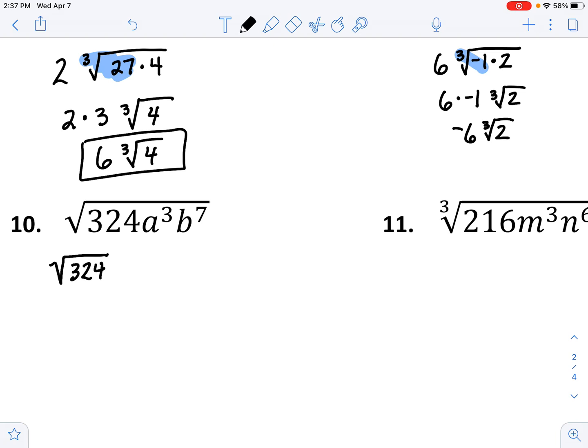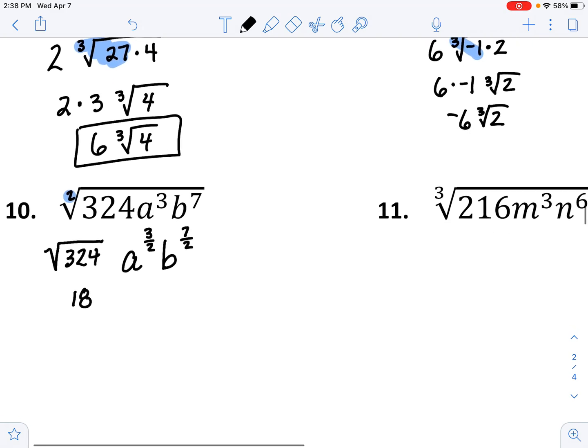Square root of 324 is 18. And then since this is a square root, remember that means its index is 2. So we would write our variables as a to the 3/2 power, b to the 7/2 power.